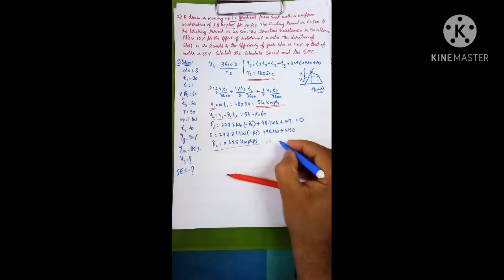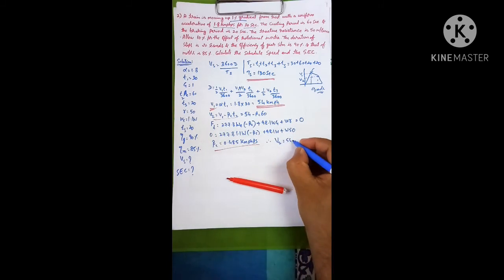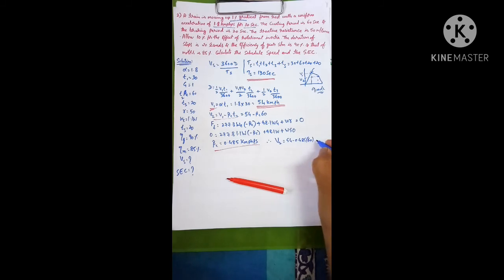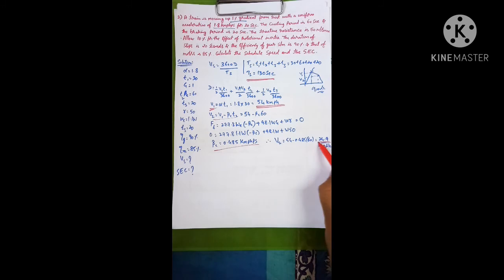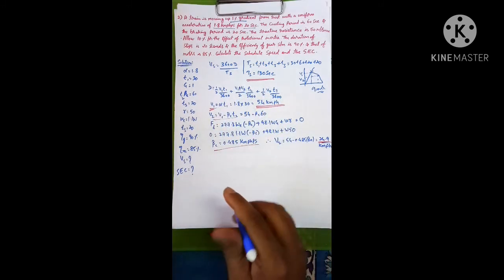So V2 is equal to V1, which is 54, minus 0.485 into 60. So we get V2 as 24.9 km/h. So V1 and V2 both have been obtained.